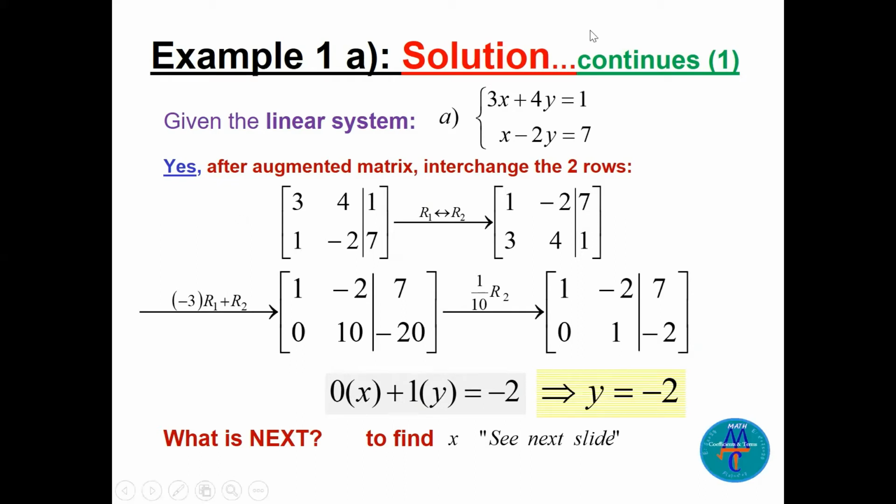Now I have to change this number 3 to 0. The opposite of 3 is minus 3. This one is already 1, it's always 1. So I multiply row 1 by minus 3. I have to multiply the whole row to change one number. Multiply by minus 3 and add, you get 0.